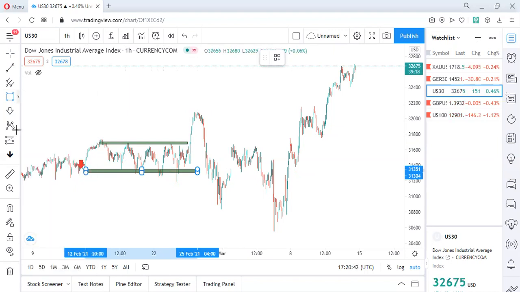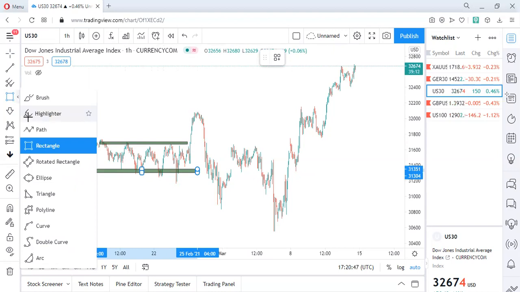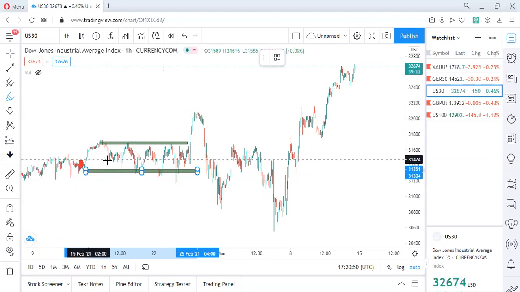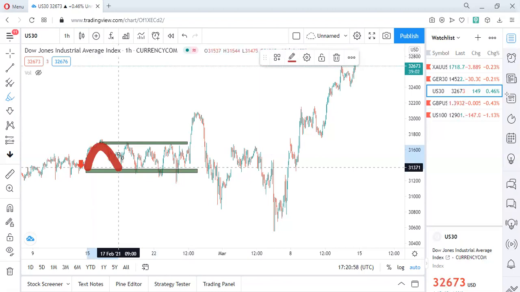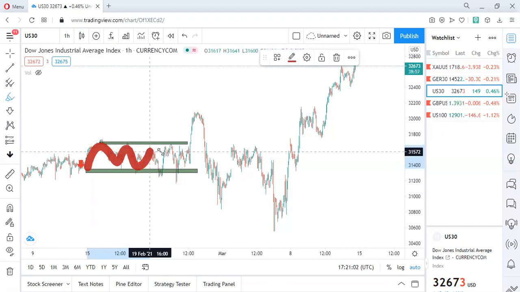Let me draw and see that we're on the right track when I'm speaking about a consolidation. It's a bounce. The market is undecided. So we're having a bounce here, and a bounce here, and a bounce here.